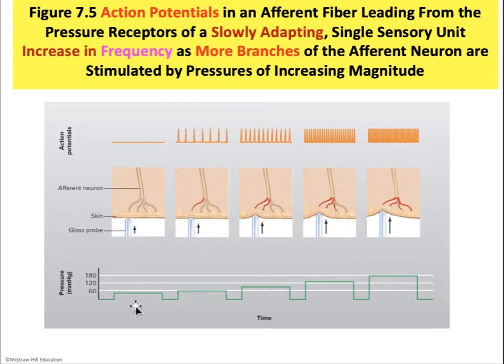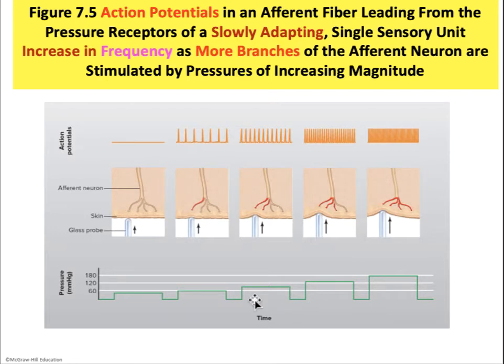When there's very light touch, in this case less than 60 millimeters of mercury, the indentation in the skin is not sufficient to trigger any action potentials in this neuron. A more aggressive touch, about 60 millimeters of mercury, causes one dendrite to begin to be pressured, and that fires a frequency of action potentials.